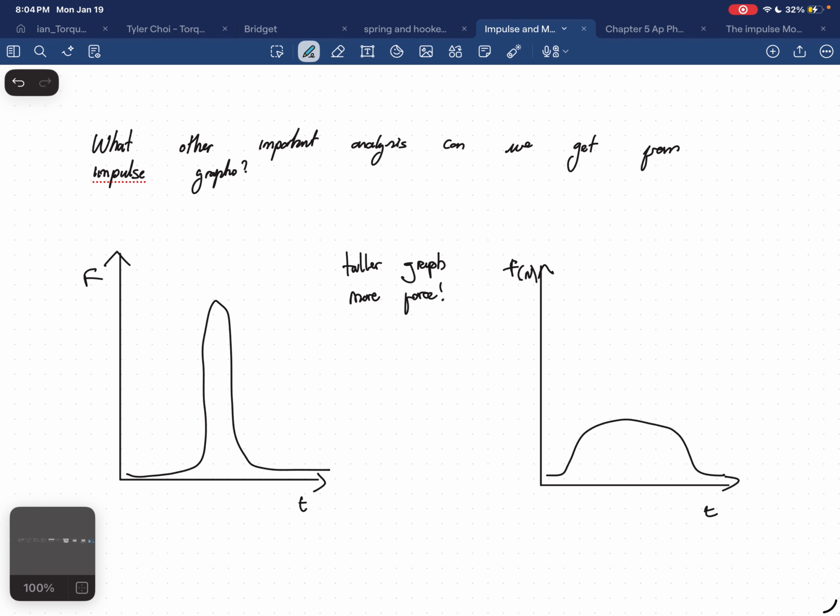You can have tall graphs that are wide as well. But when thinking about impulse, we're really only thinking about time in milliseconds. We can't really talk about time that lasts like 10 seconds or so. We're really talking about a short amount of time.